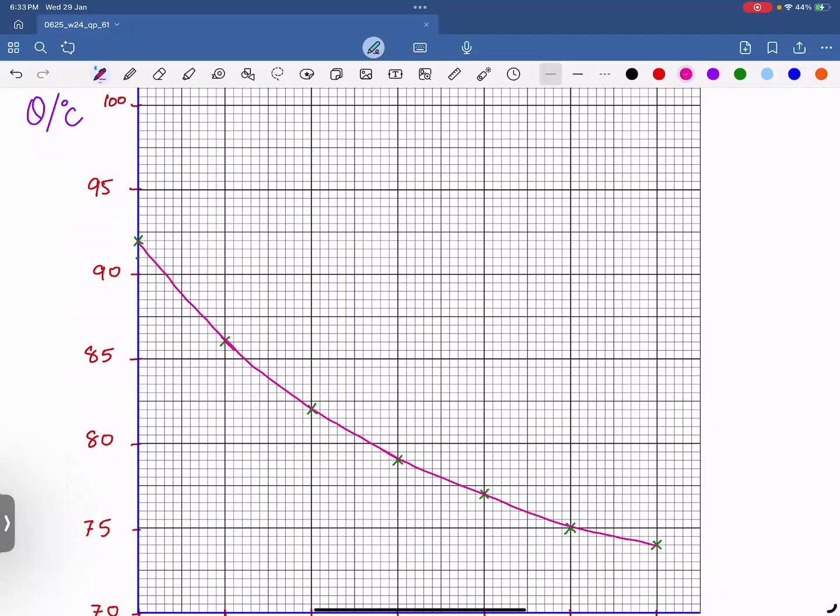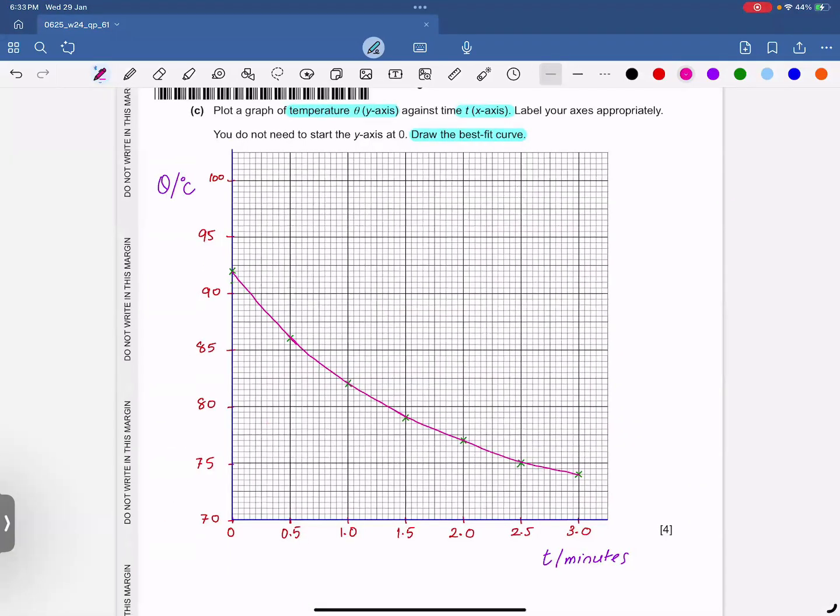So I did a smooth curve for you, as you can see. Mine one is passing through all points. If you are missing one point, it is left up or down, it's no problem. But it is a good smooth curve. Both axes I have drawn. And now we go for the next point.